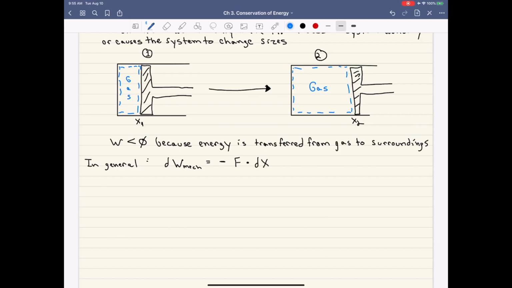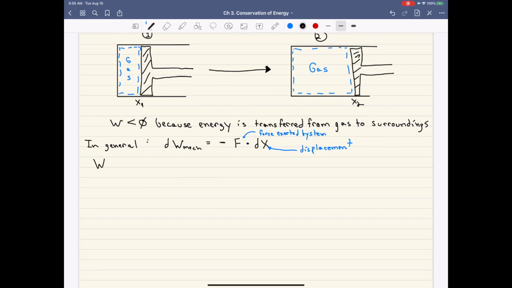Alright, and so just to clarify, F here is the force exerted by system, and the dx is that displacement. And also take notice of that negative sign here as well. By convention, we say that this work is going to be negative, or we put a negative sign here. Okay? And so that's what dW mechanical work is.